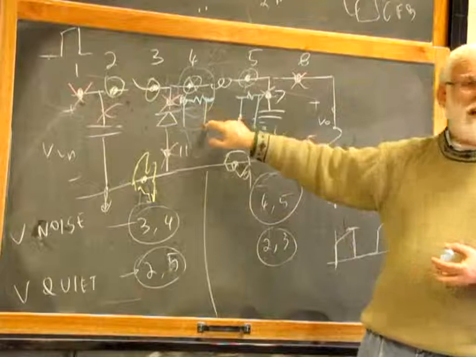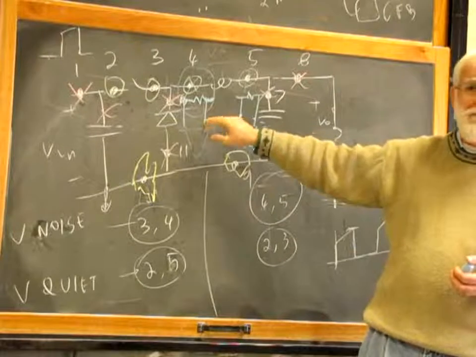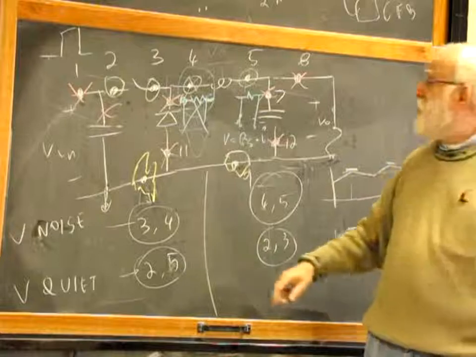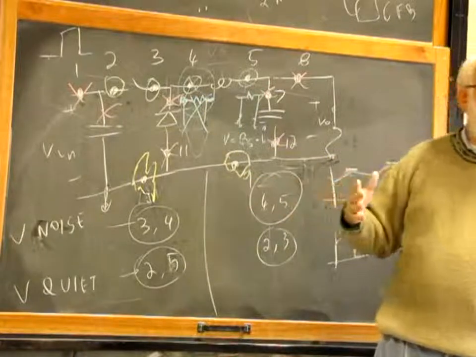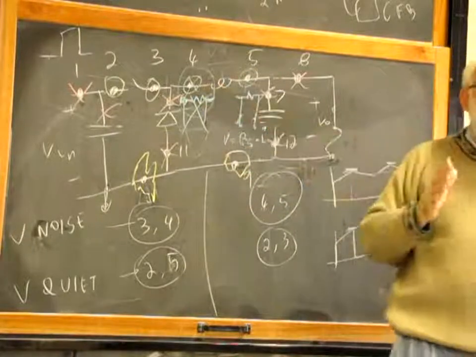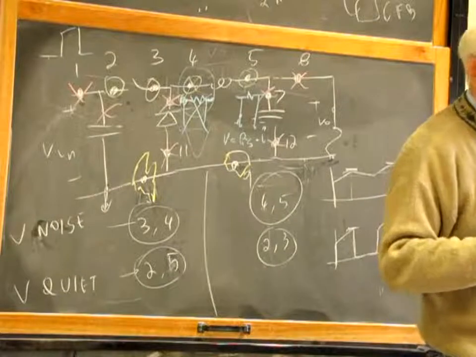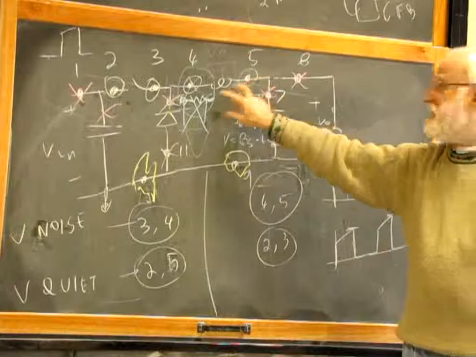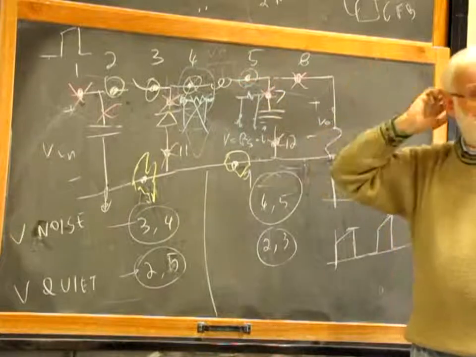So this has a very hard time to work. This is the reason why I told you that section 4 is never used. Because in sections 4 and 5 you can only use a sense resistor, and it's far better to have a constant voltage across it than a swinging voltage.